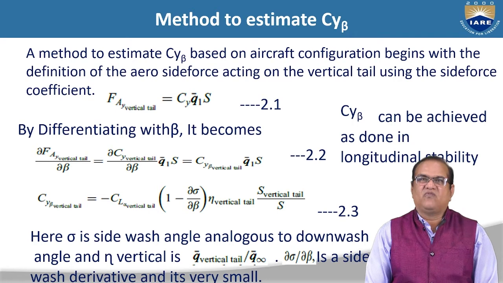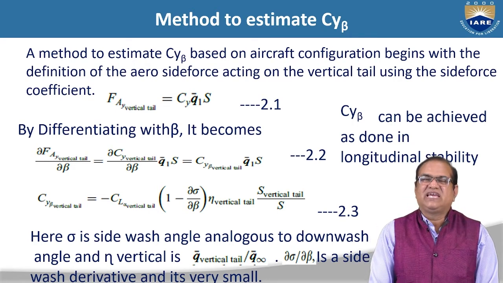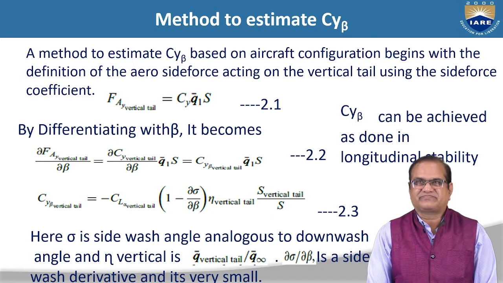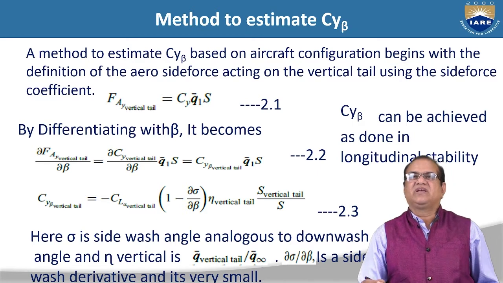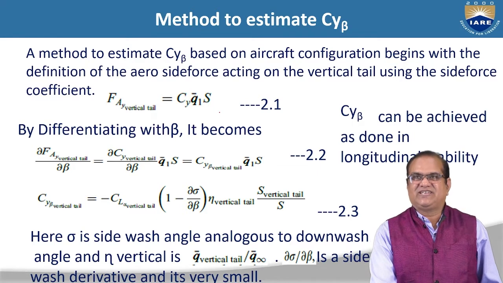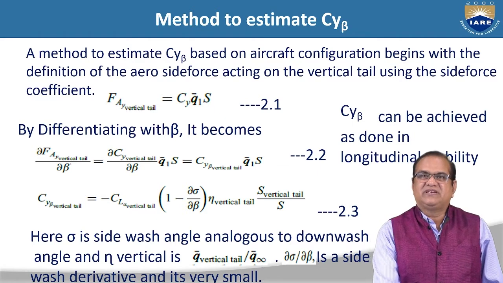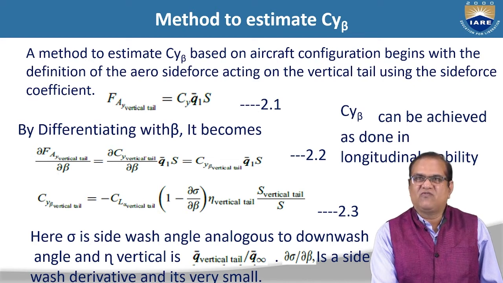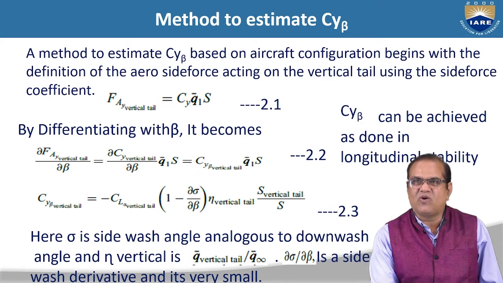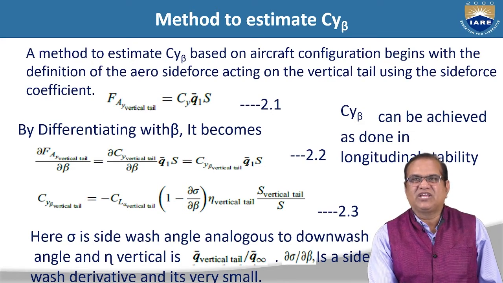So F_AY vertical tail is equal to Cy Q S. If we differentiate this equation 2.1 with respect to beta, dou F_AY vertical tail by dou beta is equal to dou Cy vertical tail by dou beta into Q1 S. We can write here Cy beta vertical Q S.